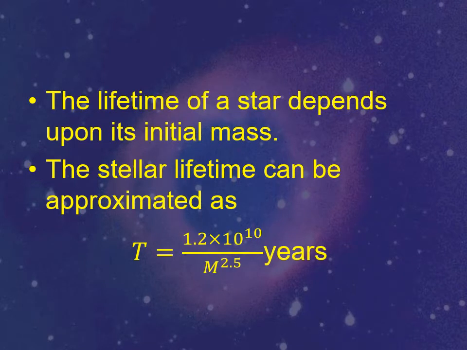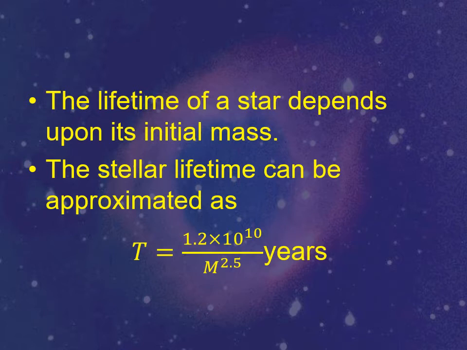The other thing is, how long can a star fuse? We look at other stars like the sun. What about lower mass or higher mass stars? And one of the things we discover is that the lifetime of a star depends very heavily on its mass. The more mass it has, the faster it has to fuse hydrogen to support itself.